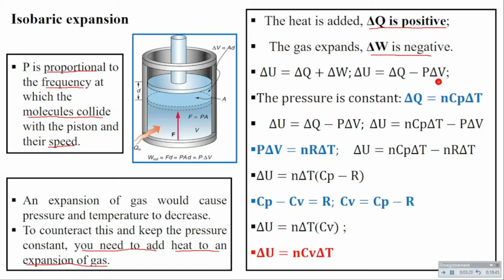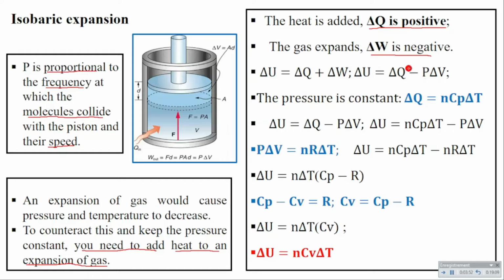Now, how is dW going to be negative? We need to know that if dV is positive and the pressure is also positive, then for us to get a negative dW, we have to put in this minus sign.